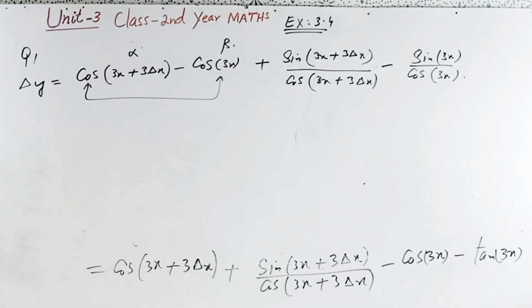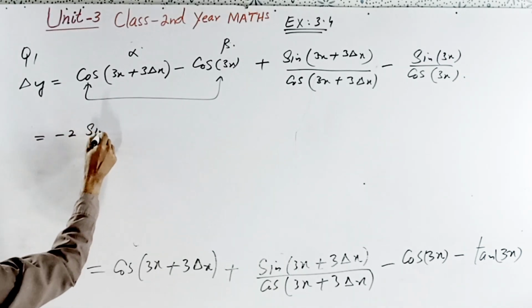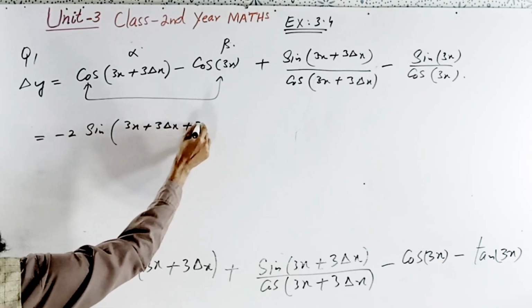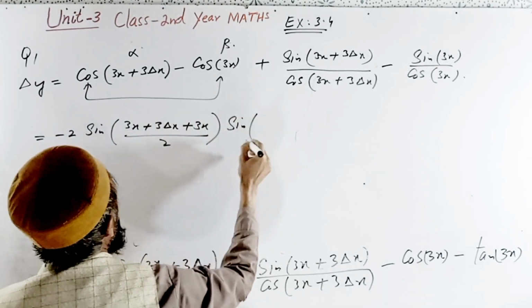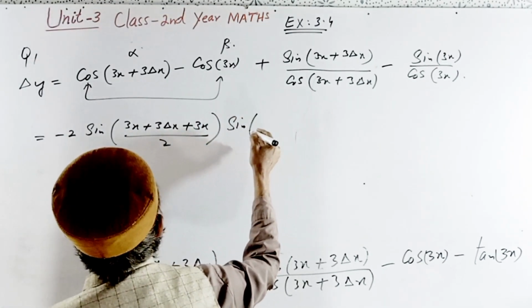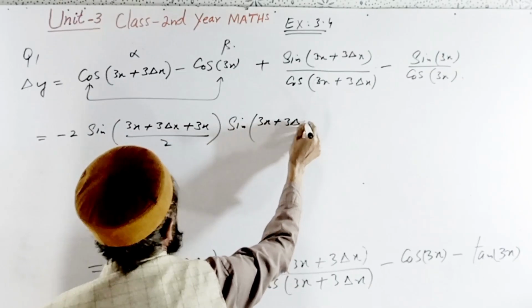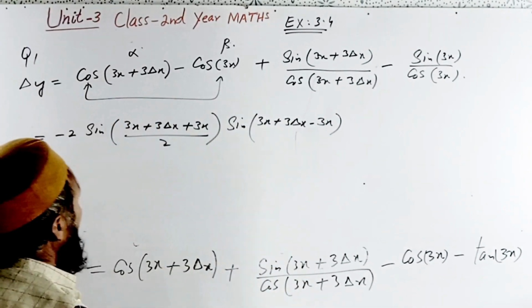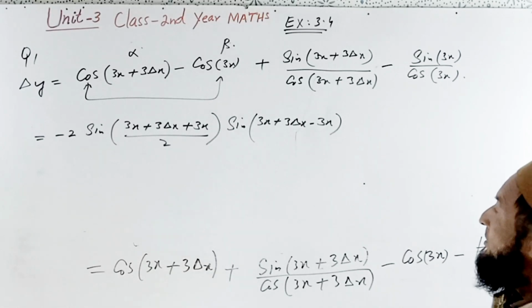Cos alpha minus cos beta equals minus 2 sine of alpha plus beta over 2, that is 3x plus 3 delta x plus 3x divided by 2, and sine of alpha minus beta over 2, that is 3x plus 3 delta x minus 3x. So that is the value of cos alpha minus cos beta.